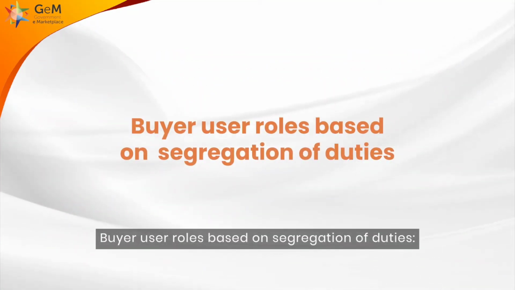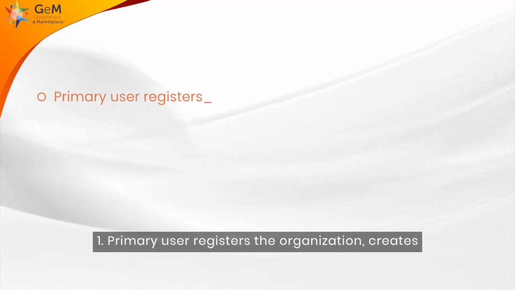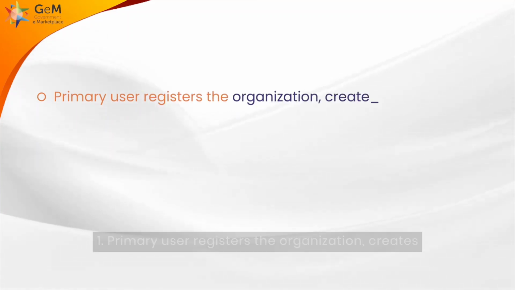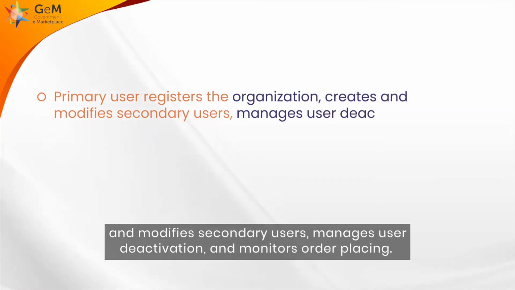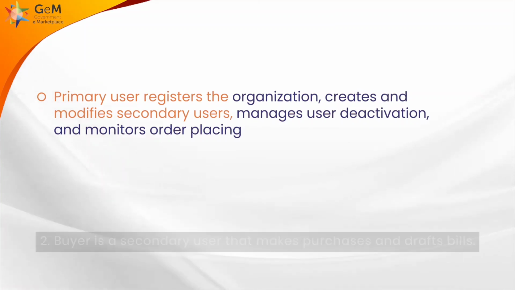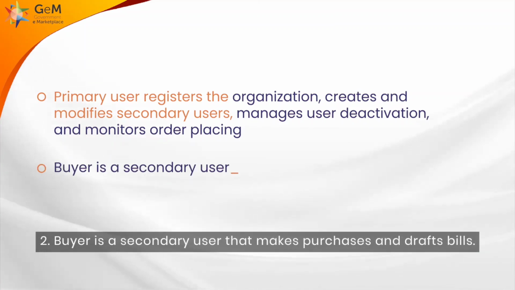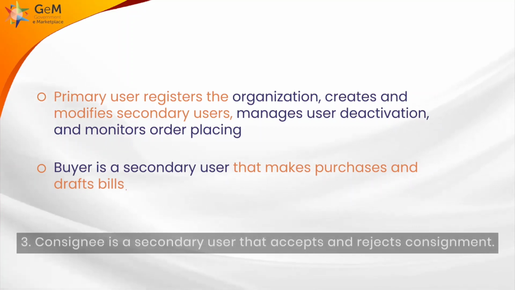Buyer-user roles based on segregation of duties. 1. Primary user registers the organization, creates and modifies secondary users, manages user deactivation, and monitors order placing. 2. Buyer is a secondary user that makes purchases and drafts bills. 3.